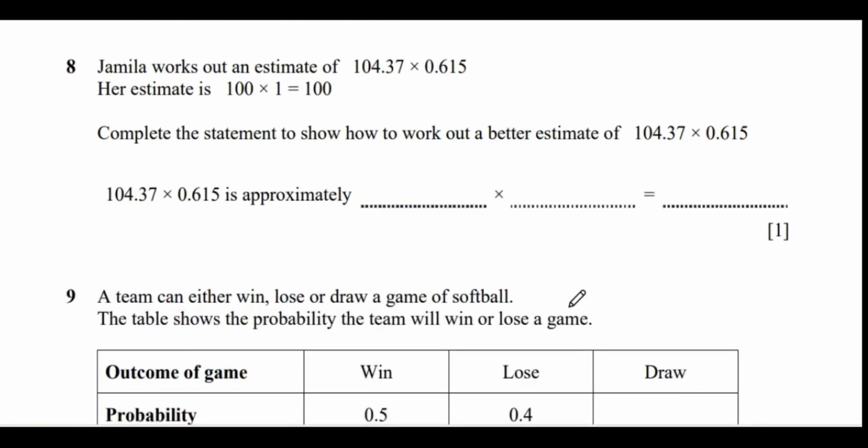This question is on estimation. They say Jamila worked out an estimate of 104.37 times 0.615. Her estimate is 100 times 1, which is 100. Complete the statement to show how to work out a better estimate of 104.37 times 0.615.